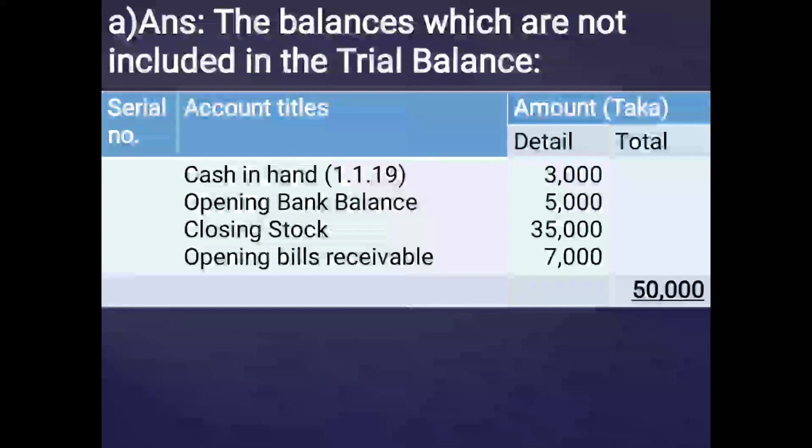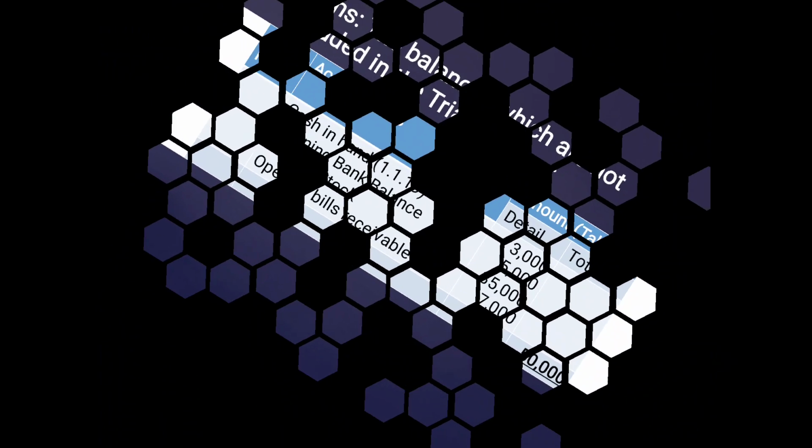Dear learners, now we can go for our real requirement in this chapter, the trial balance. Now you have to draw a format for preparing a trial balance. You can see it in my slide.